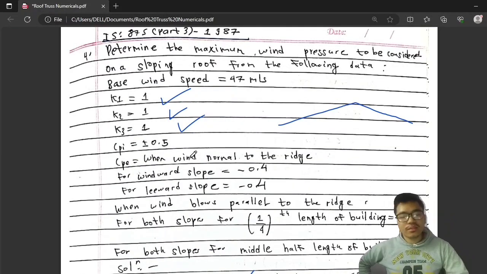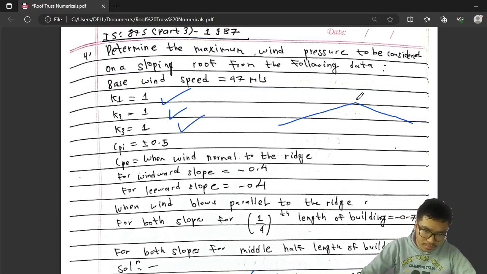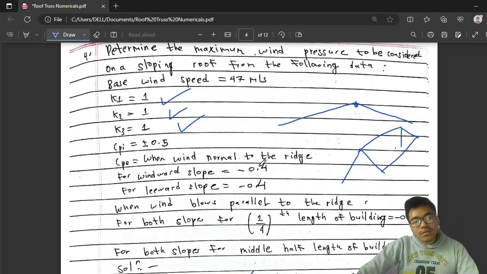for wind normal to the ridge. This is the ridge line in 3D. If this is a truss, then this is the ridge line. So wind normal to ridge is this direction.